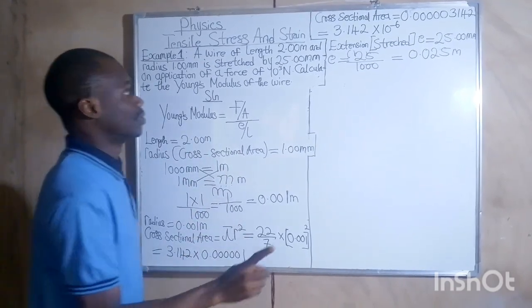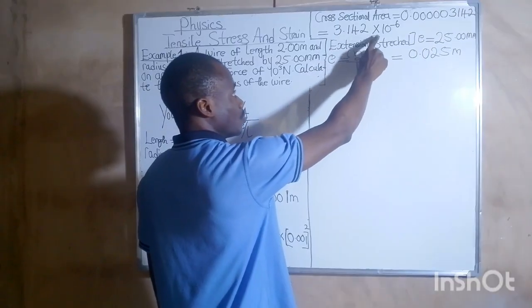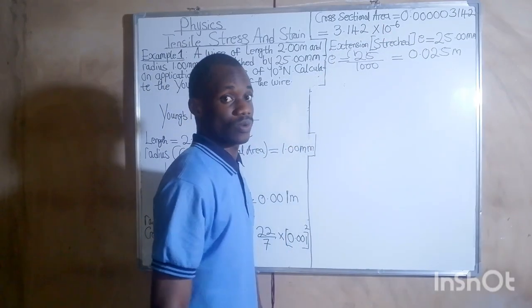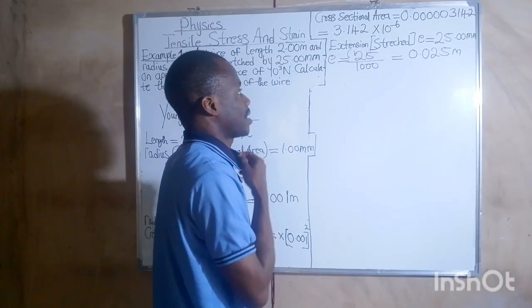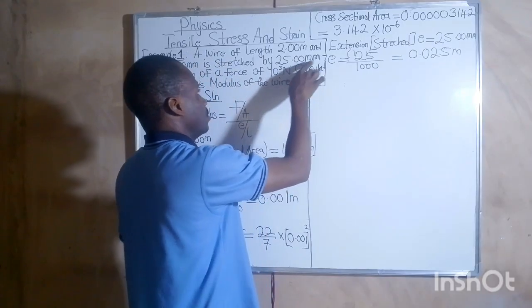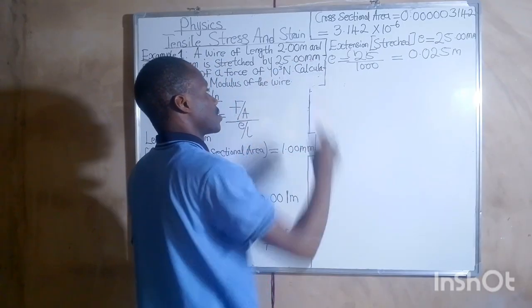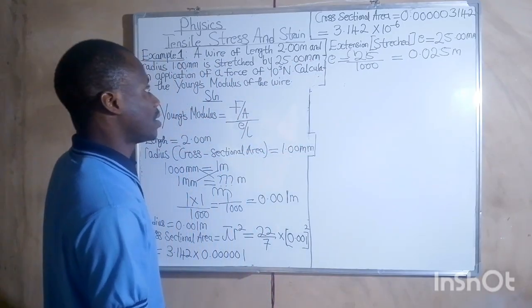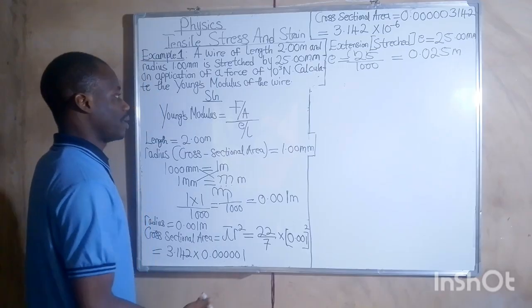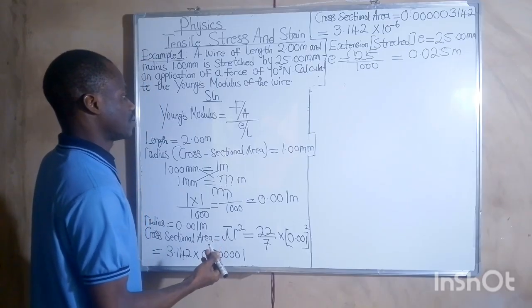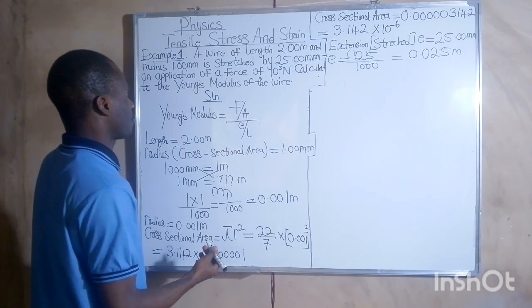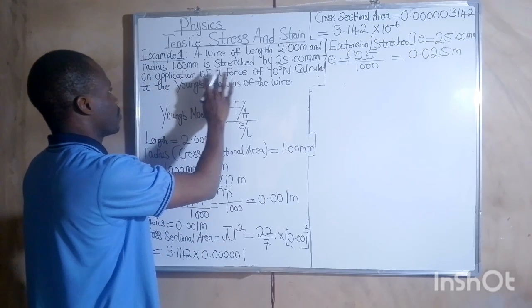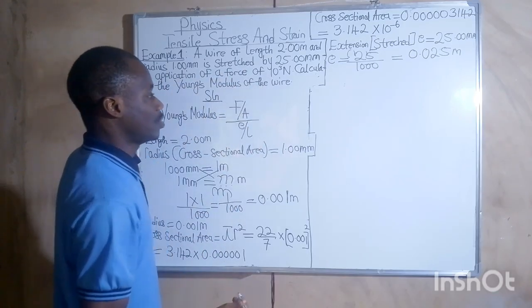At the end, what we got was 3.142 times 10 raised to power minus 6. Now, extension was given directly, but you convert from millimeter to meter. Now, the last thing we need is the force. Because it said on application of a force, 10 raised to power 3 Newton.